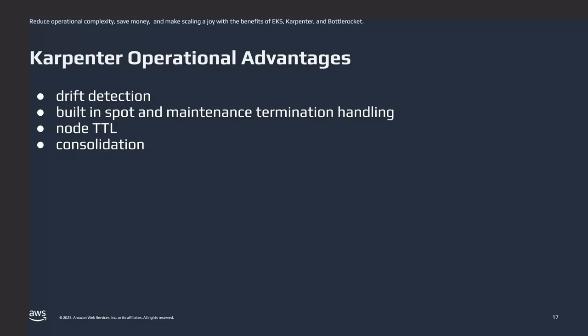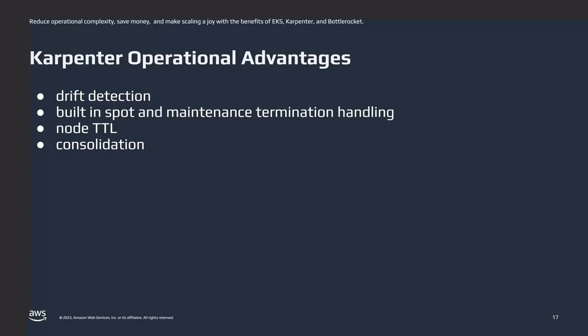So this makes it really easy to keep nodes up to date in the cluster and completely removed our need to actually take an action to initiate those updates. When we were using managed node groups, we'd have to go through those one at a time and initiate the rolling update. It's not a terrible process, but the Karpenter experience is definitely better.